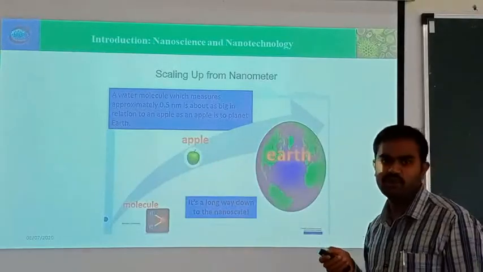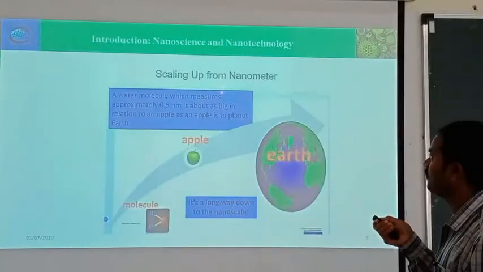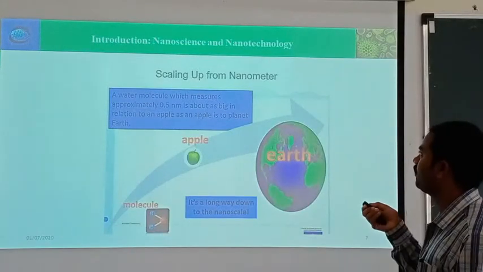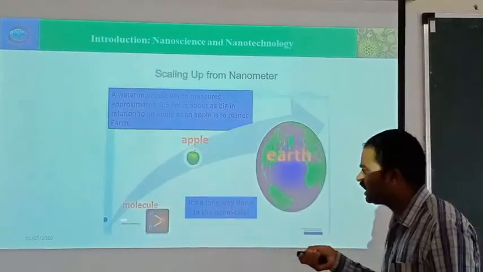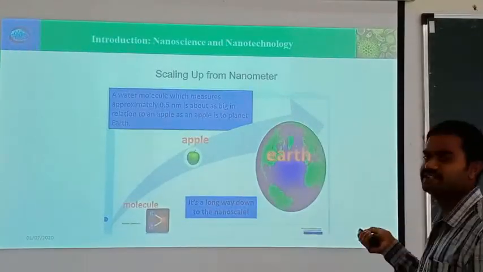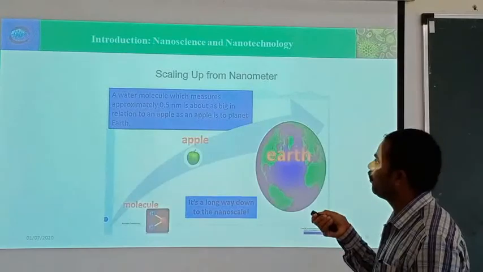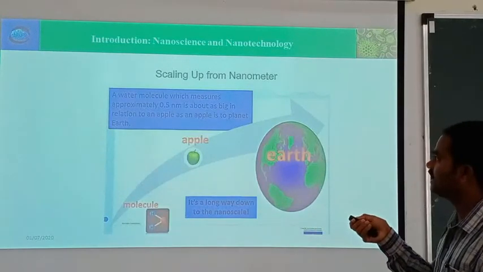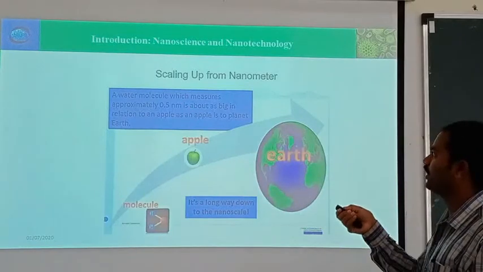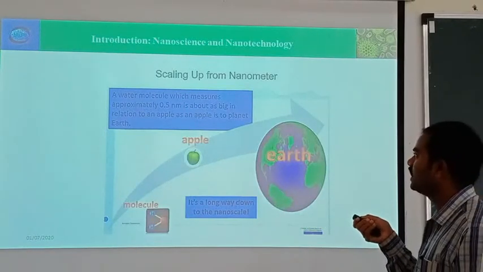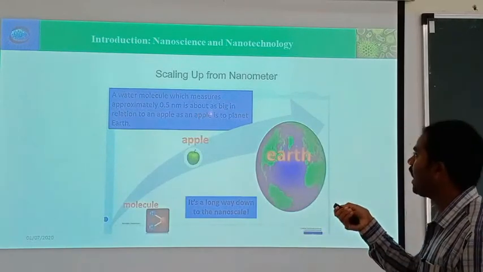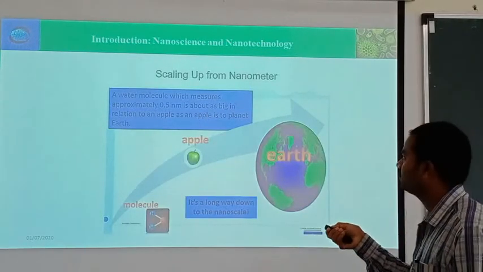Now scaling: we have already discussed scaling from meter scale to nanometric scale. Now consider scaling up from nanometer, that is, starting with a small atom or molecule and comparing with the largest objects. A water molecule measures approximately 0.5 nanometer, 5 angstrom. It is as big in relation to an apple as an apple is to planet Earth.